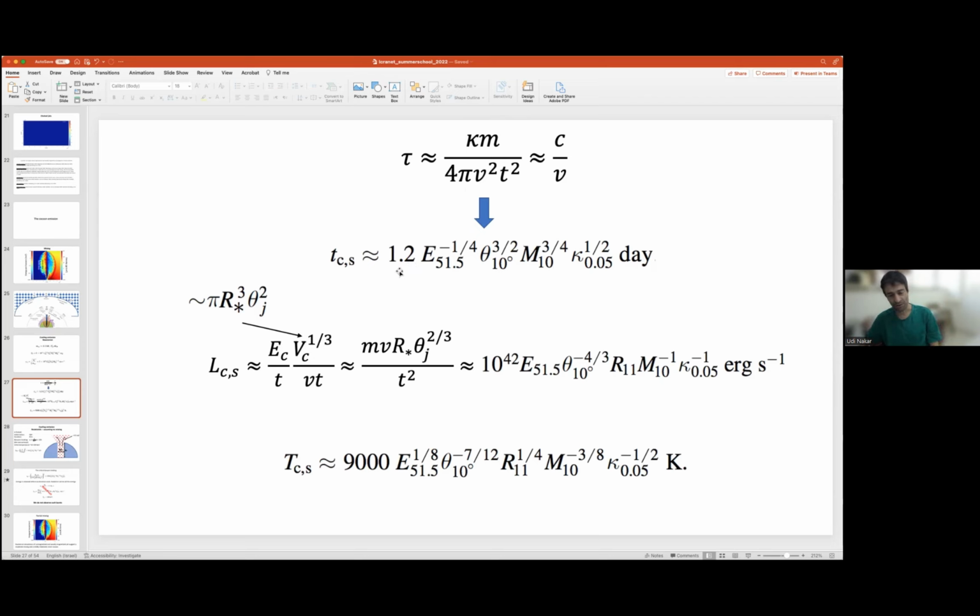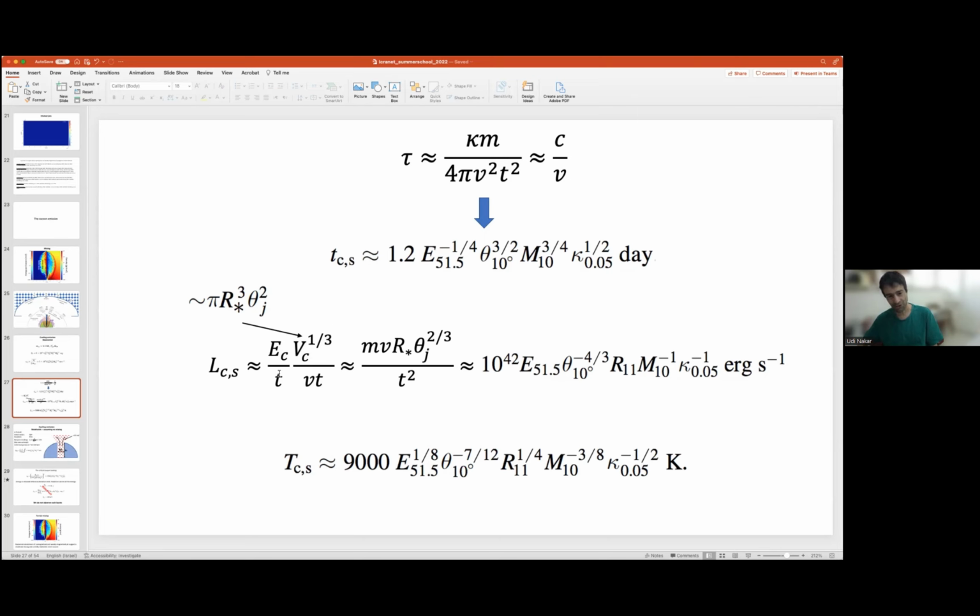What will be the luminosity? The luminosity will be the initial energy in the cocoon, after accounting for adiabatic losses. The adiabatic losses go like the initial volume divided by the volume at the time that the emission escapes, to the power 1/3.